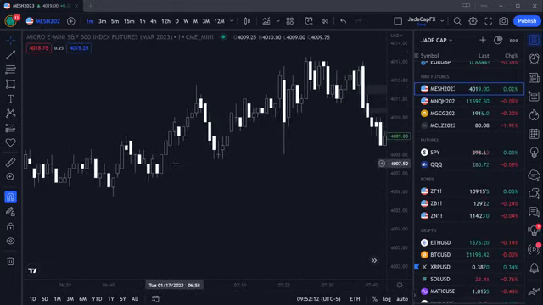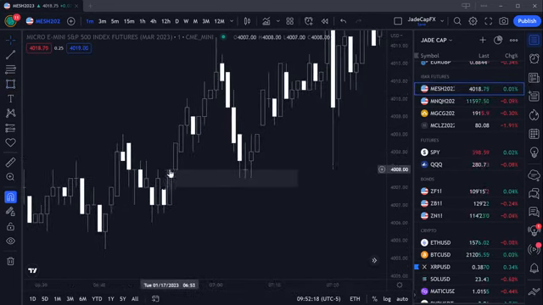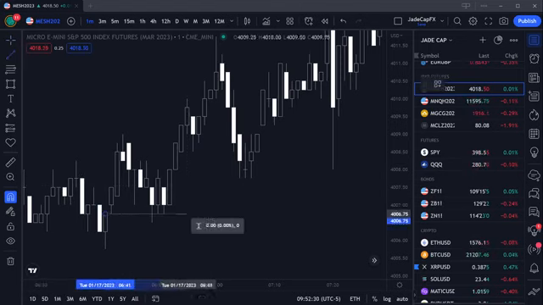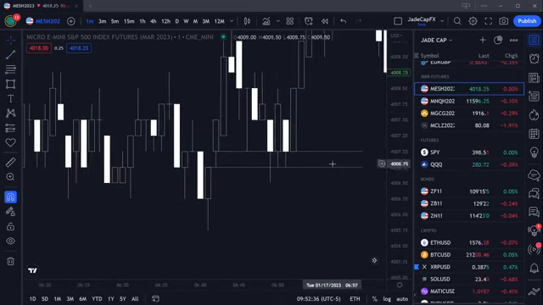So let's see if we can find some more examples. Buy side imbalance, sell side inefficiency. Volume imbalance. Look at the candle bodies. We have the close, the open.